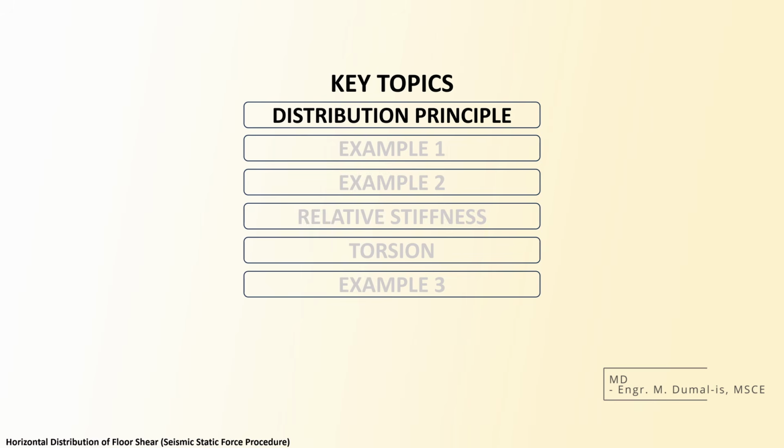Let's take a closer look at why the arrangement and location of lateral force-resisting elements are so critical. The ability of a building to resist lateral loads during an earthquake largely depends on these elements. Their configuration not only supports the vertical loads, but also plays a major role in how the horizontal forces are spread across the structure.